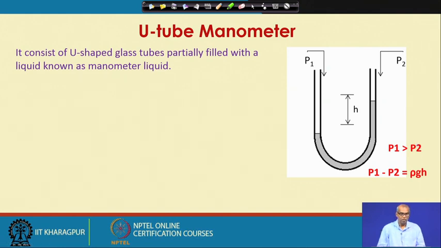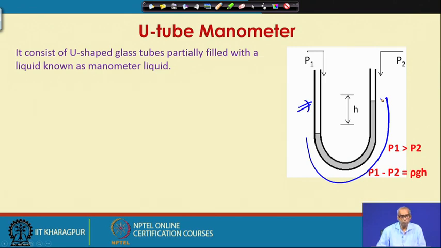Next, let us talk about the U-tube manometer. It consists of a U-shaped glass tube partially filled with a liquid known as manometer liquid.